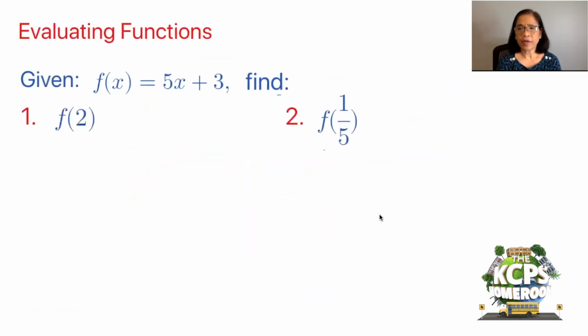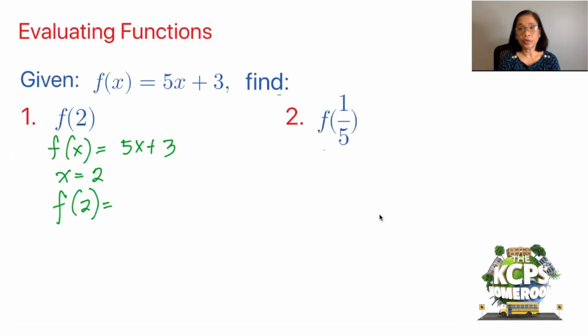Now let's move on to evaluating functions. Given f of x is equal to 5x plus 3, we are asked to find the value. Evaluating means finding the value of the function when the variable x is 2, or when the input is 2. So we're finding f of 2.